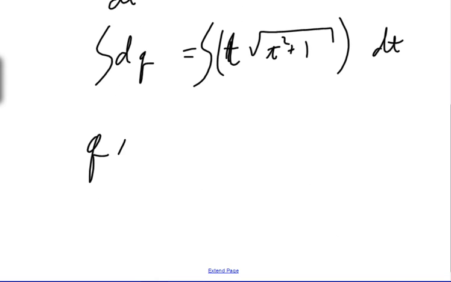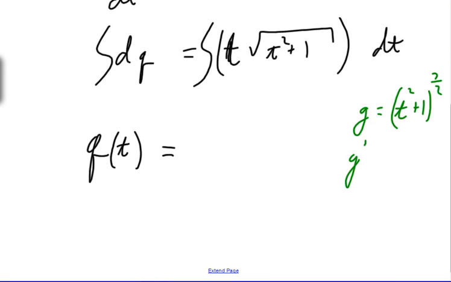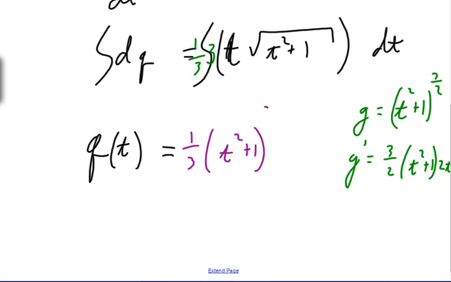So Q at time t is equal to, okay, this is where we guess. We're going to guess we're in the form of t squared plus 1 to the 3 halves. The derivative is 3 halves times t squared plus 1 to the 1/2 times 2t. So I need a 3 here and I need a 1/3 out front. So this is going to be 1/3 times t squared plus 1 to the 3 halves plus C, but C is 0 because our initial condition has Q at 0 being 0.